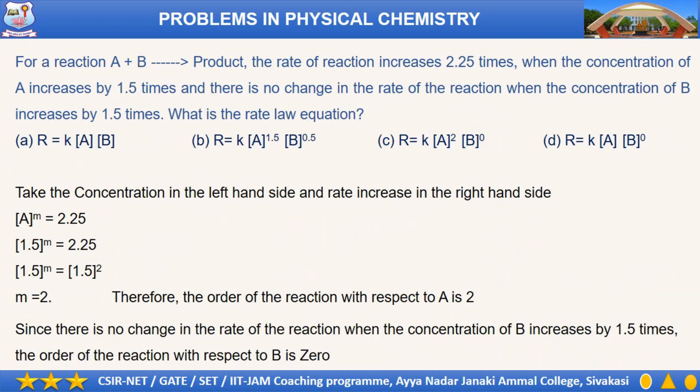For a reaction A plus B giving product, the rate of reaction increases 2.25 times when the concentration of A increases 1.5 times.